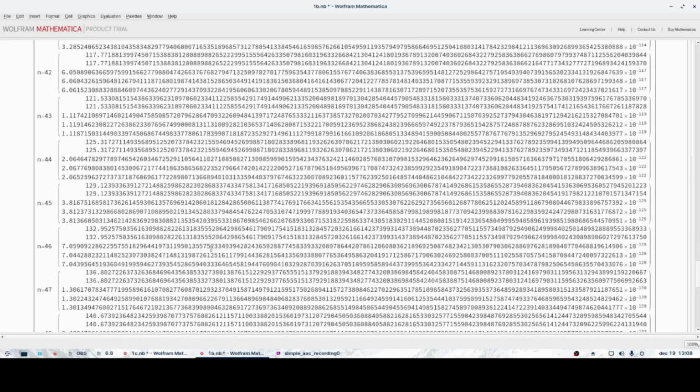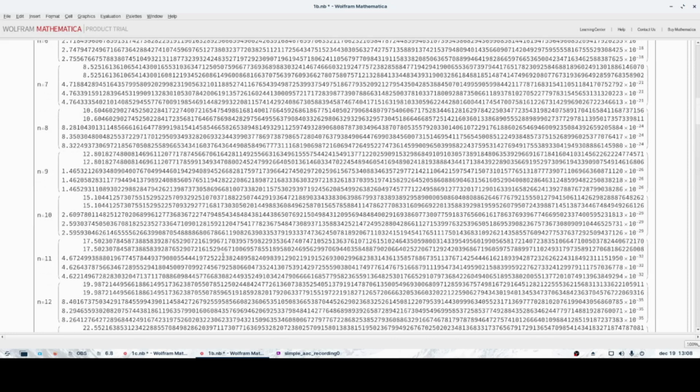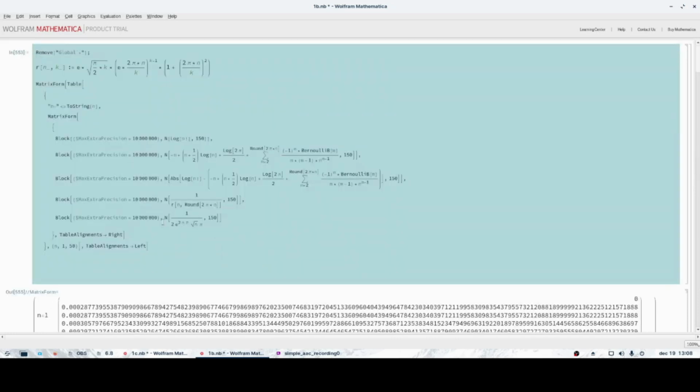Interesting. But the conclusion is that this is the remainder term of the formula. Such a beautiful formula.